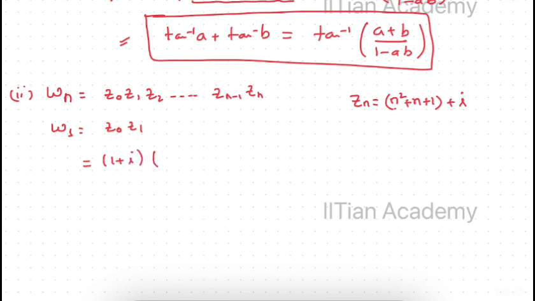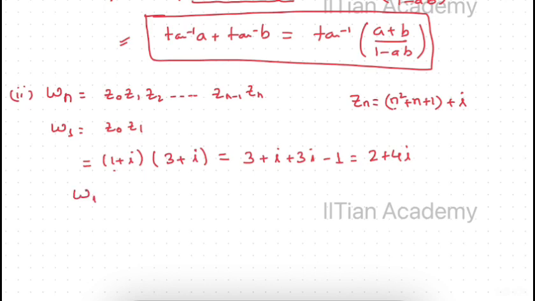Multiplying these two, 1 into 3 is 3, 1 into i is i, i into 3 is 3i, and i into i is minus 1. So this comes out to be 2 plus 4i. So W1 is nothing but 2 plus 4i.